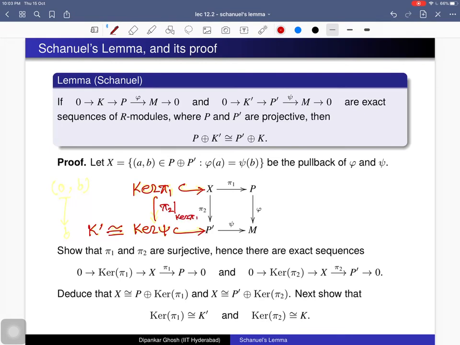So, if you consider any element in kernel of pi 1, it looks like some element of X, a comma b, which is there in kernel of pi 1. So, pi 1 is just mapping a comma b to a. So, if a comma b is there in the kernel of pi 1, that means this a should be 0.